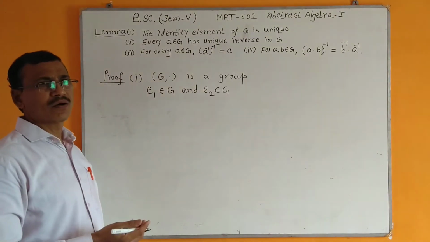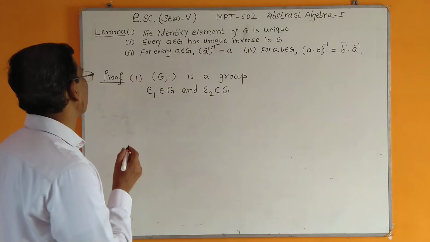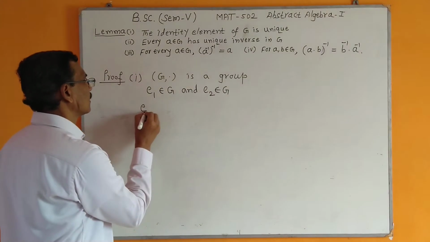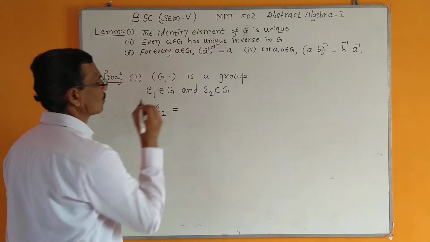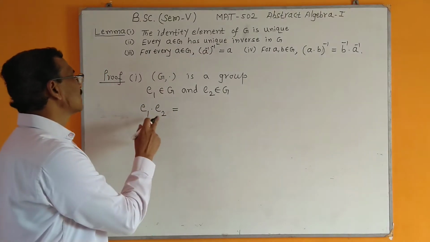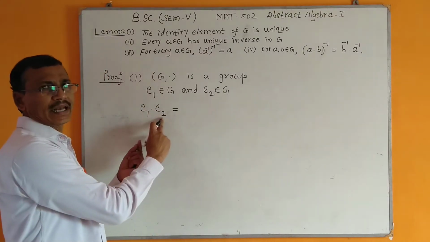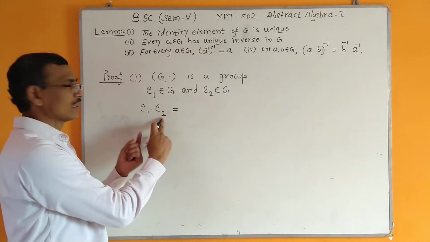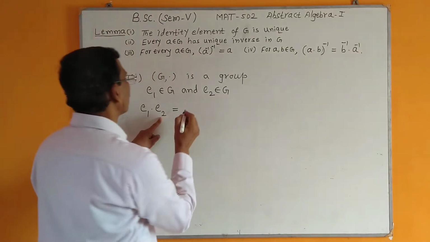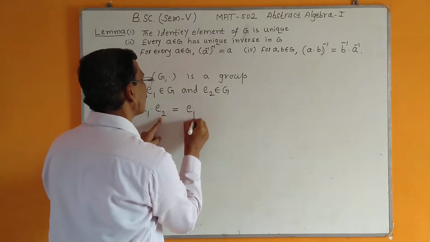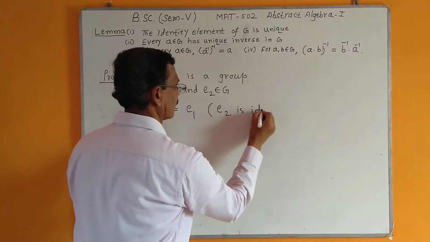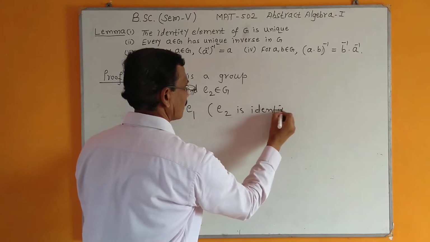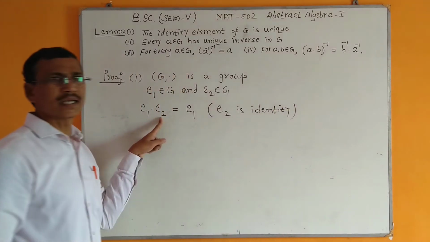Now, by the definition of identity element, we have e1 · e2. First, we shall consider e2 as the identity element. Then e1 · e2 is equal to e1, since e2 is the identity.